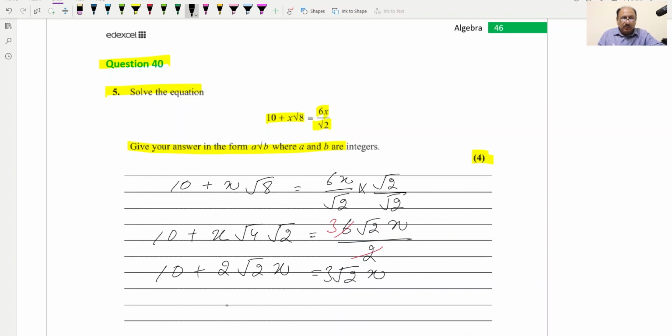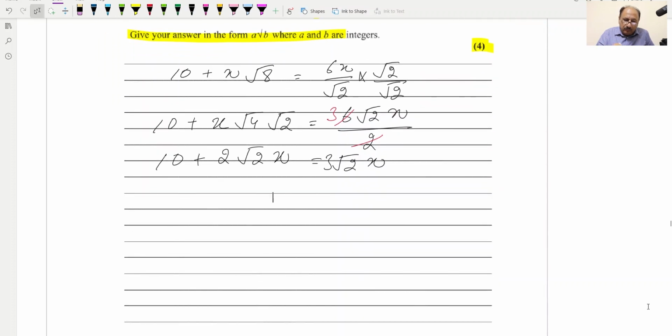Now we can shift everything from this side to the other side, and our equation will become 3 root 2 x minus 2 root 2 x is equal to 10. And now we can simplify this portion, and this will be root 2 x equal to 10.